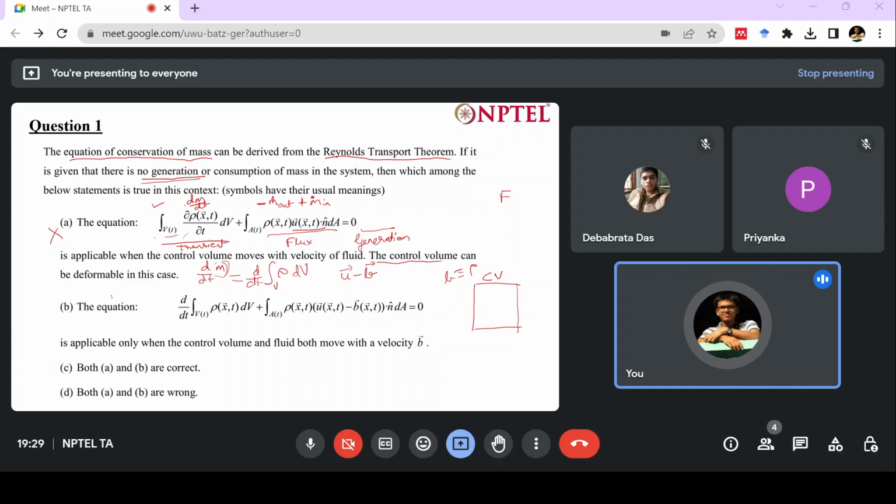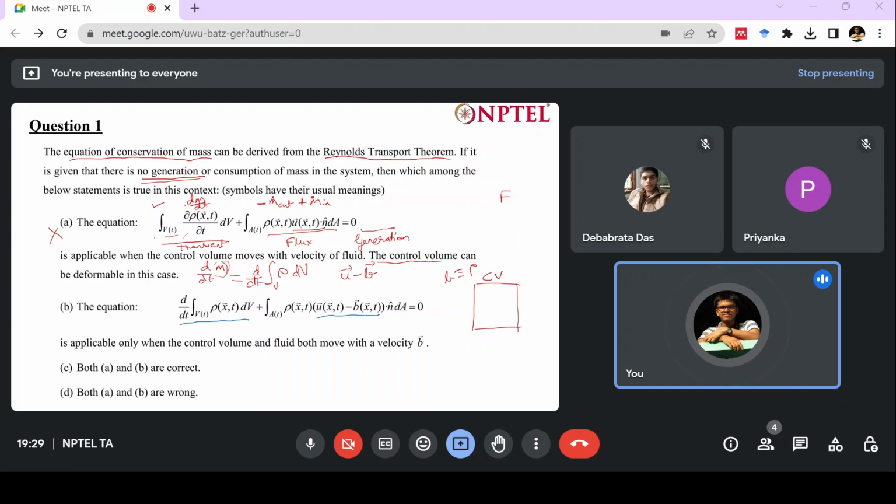The next statement's equation is also given. You can see this equation corresponds to when the control volume can be deformed. Here the differential is outside, so this equation would be valid for a deformable control volume. Also, in the second term you can see the relative velocity has been taken, right?